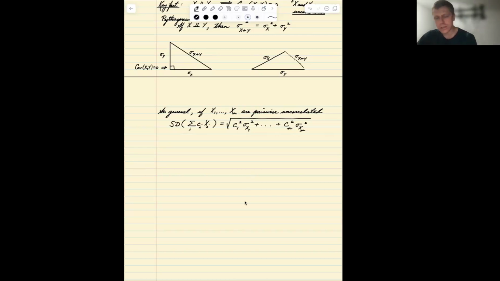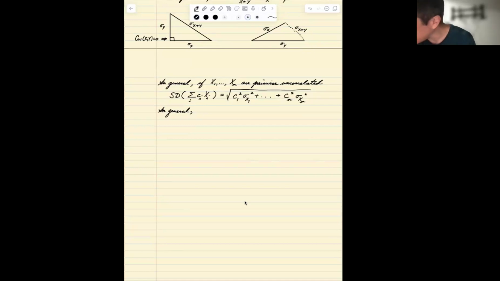And then in general, regardless of whether they're uncorrelated, the variance of a linear combination is: we have a variance term, and then we have a covariance term.